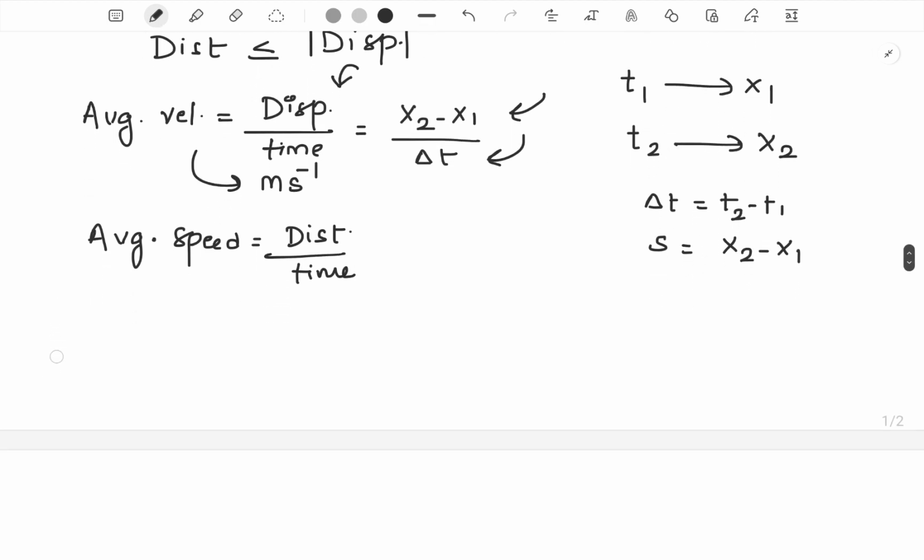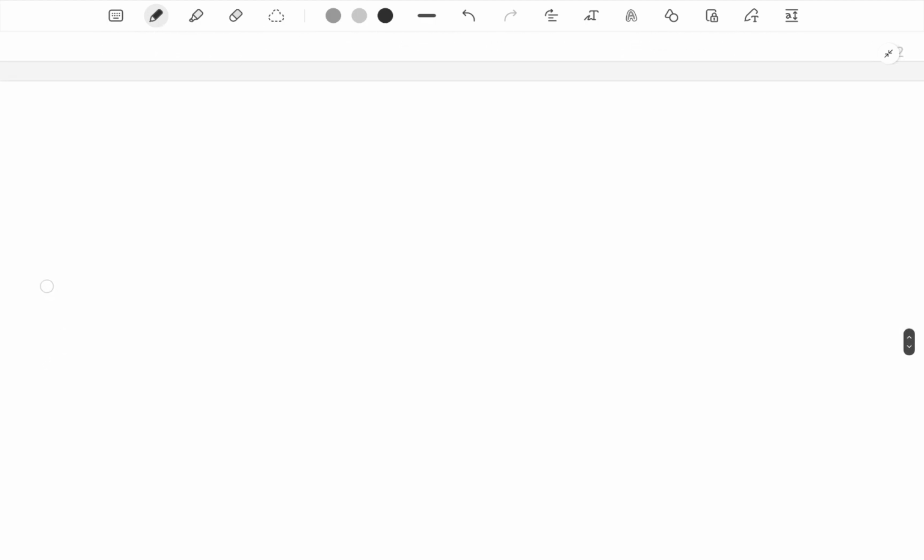Now let's understand the meaning of instantaneous speed and instantaneous velocity. So instantaneous speed is the speed of a body at a particular instant of time.